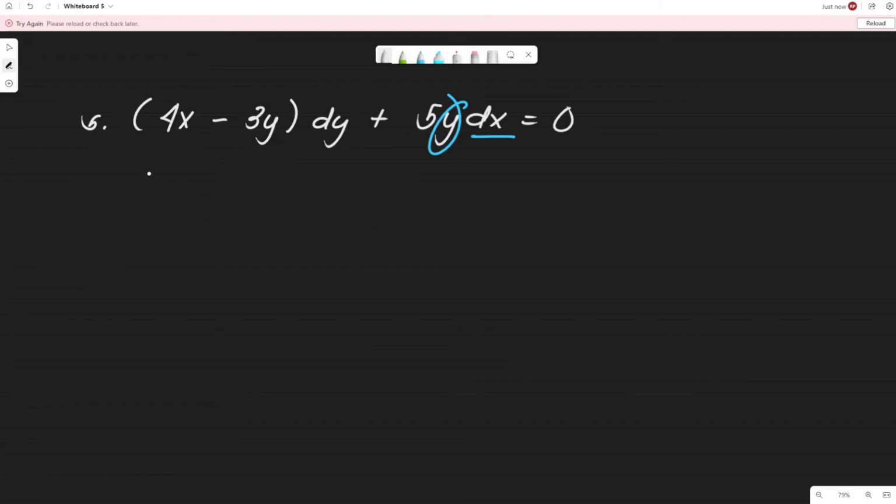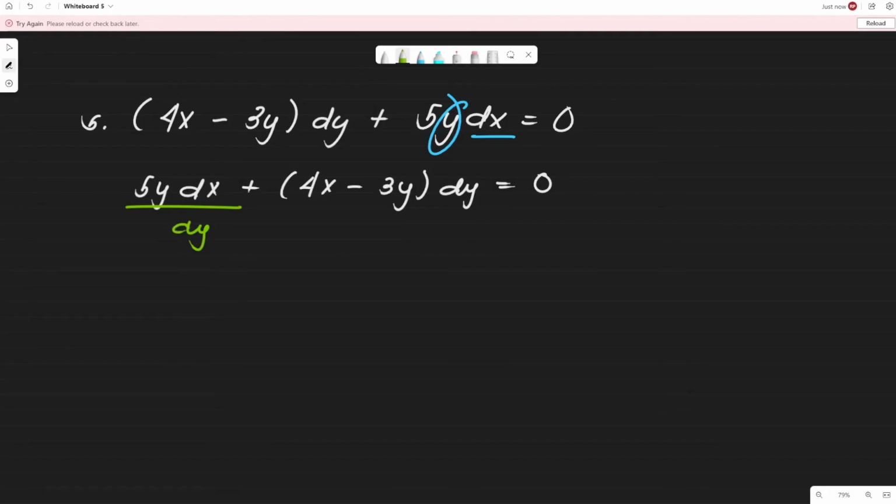So we'll have 5y dx plus, nirearrange ko lang, no? Tapos I will divide all terms by dy. Cancel. This one obviously is still equal to 0, no?